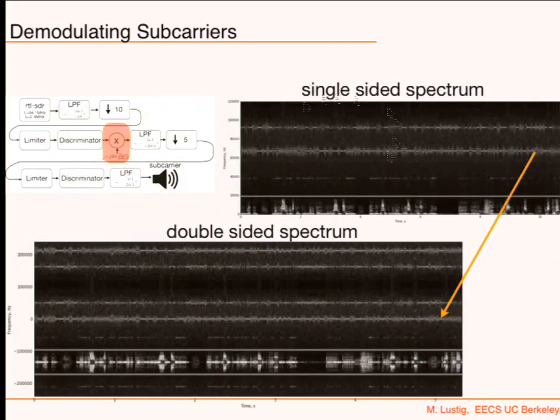Okay, so if this is the single-sided spectrum, because this was real, I'm going to complex modulate it by the subcarrier frequency. When I complex demodulate by 67 point whatever frequency it was, I'm going to get now a complex spectrum.